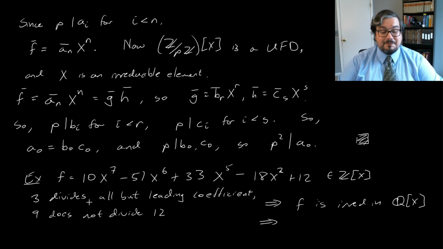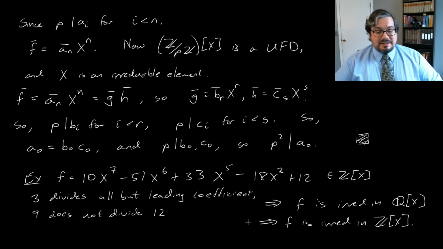And because f is primitive, that tells us that f is irreducible over the integers.